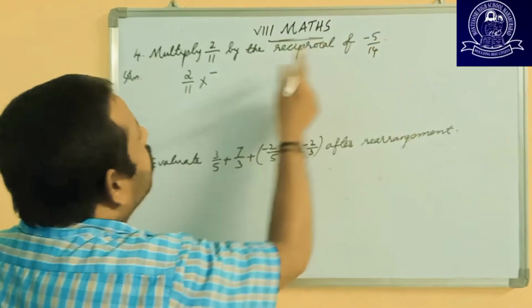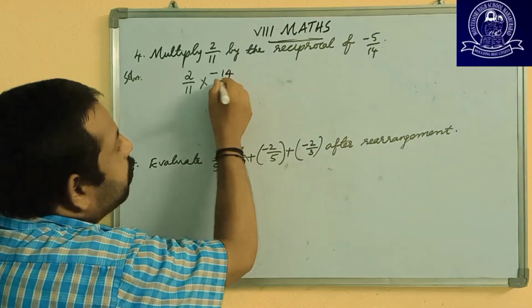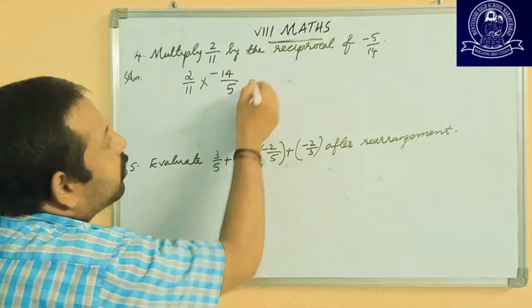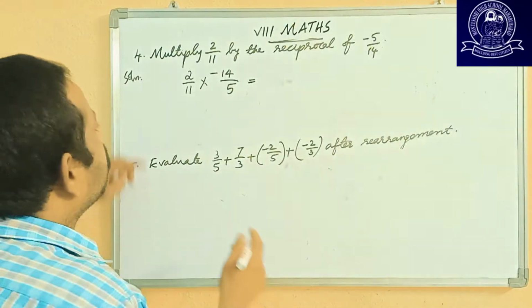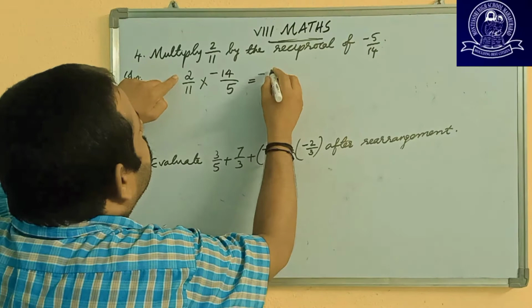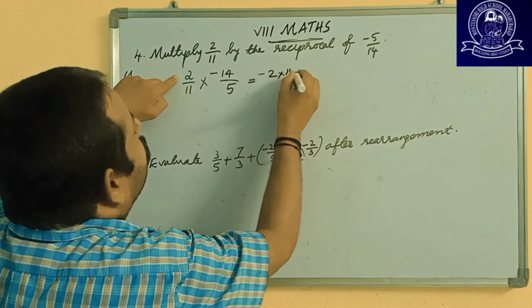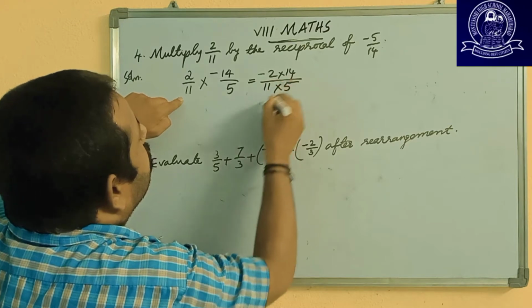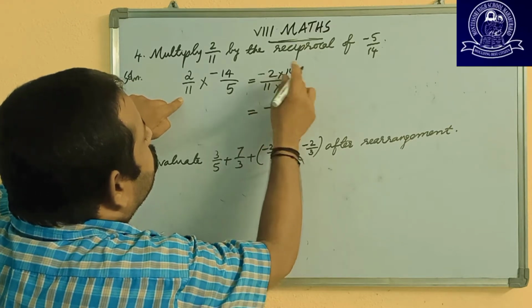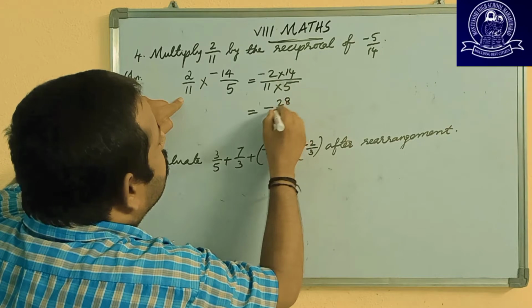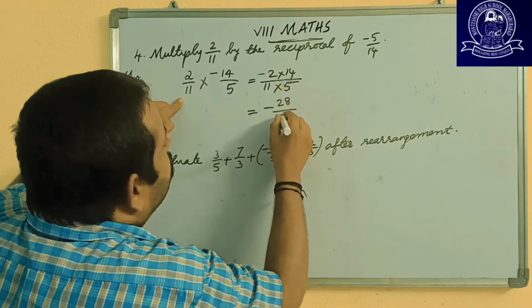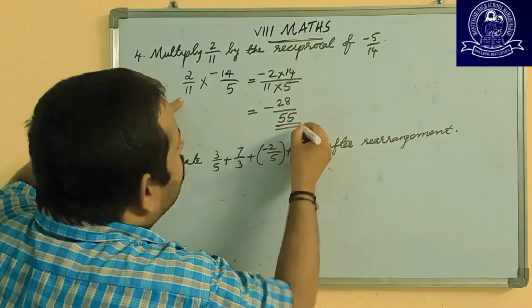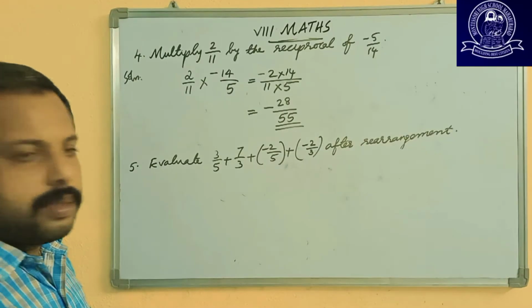Minus 5 by 14, its reciprocal is minus 14 by 5. Now it is very simple, we can multiply: minus 2 multiplied by 14 divided by 11 multiplied by 5. Minus 2 14s are 28, 5 11s are 55. This is the answer. It's very simple, isn't it?